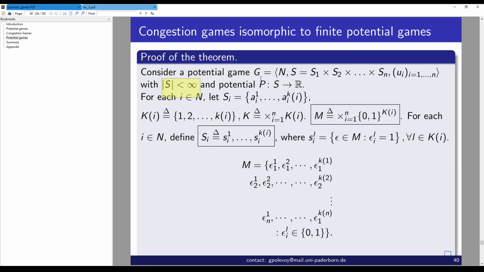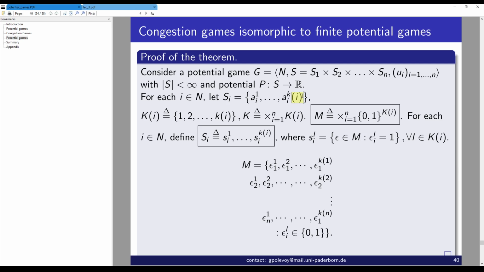For each player, the set of strategies can be written down as, for player i, the strategies a_i^1, so the first strategy, of course the order does not matter here, and so on. We denote those strategies as s_i^1 till s_i^k. Now we have written down all the strategies of each player.